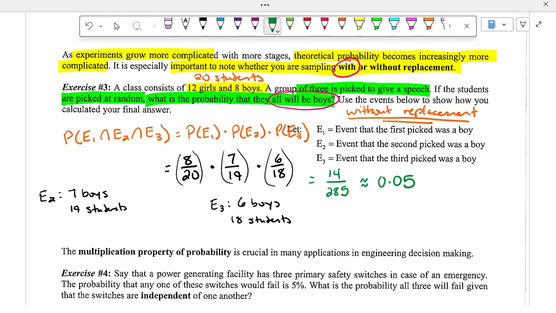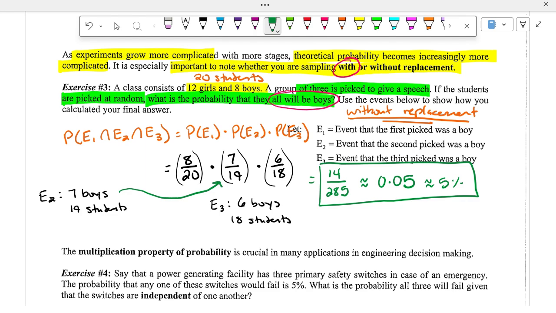As a percent, about how much? 5%. So it's a pretty low chance that all 3 of your picks are going to be boys. Doesn't mean it can't happen, but it's not very likely. Do you guys understand how the without replacement works?